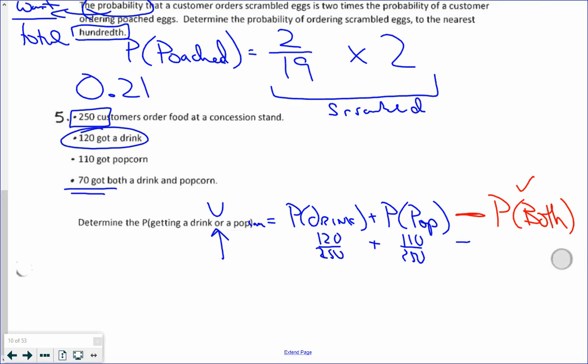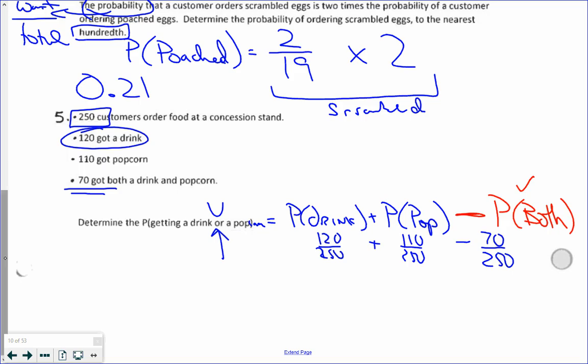Both is 70 out of 250. And you would just punch that in. Okay? Like just punch it on your calculator. So if you like using those formulas, my only concern, and you guys did struggle with this, is you kept forgetting to do the subtract. So you went this plus this because you saw the word or, but you always have to remember to do the subtract.